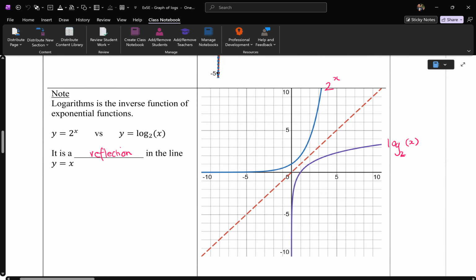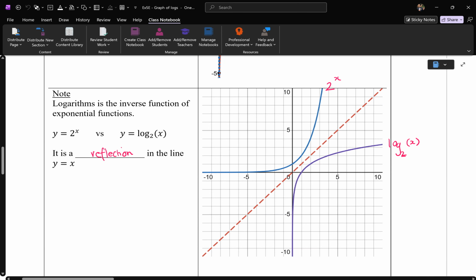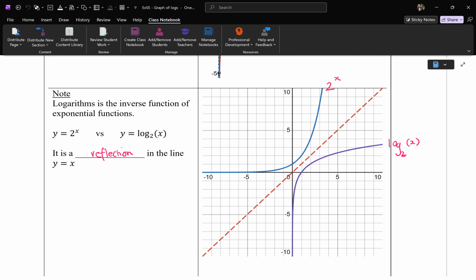So what is 5E about? 5E is just you sketching the transformations that you see. We know that exponentials and logs are inverses of one another, and therefore it is a reflection in the line y equals x. So this is an example of what it looks like. Here's 2 to the x, and here is log base 2 of x.